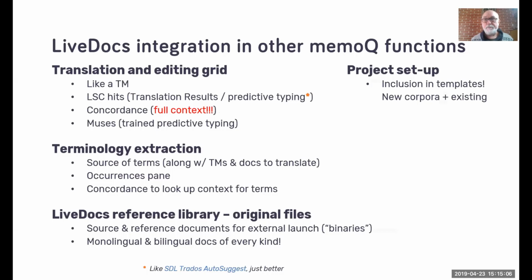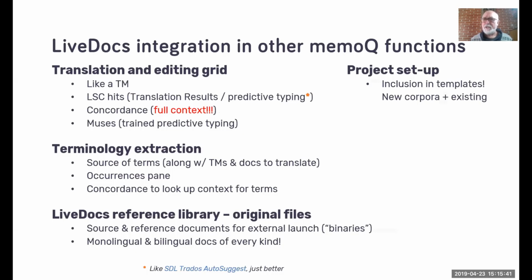Also, this is something that a lot of people forget or are perhaps unaware of. When you're doing terminology extraction and you want to see how a particular phrase or individual term is used in your other references, translation memories or LiveDocs corpora, for example, you can do concordance searches by selecting the term and using your keyboard shortcut for the concordance and open that up.